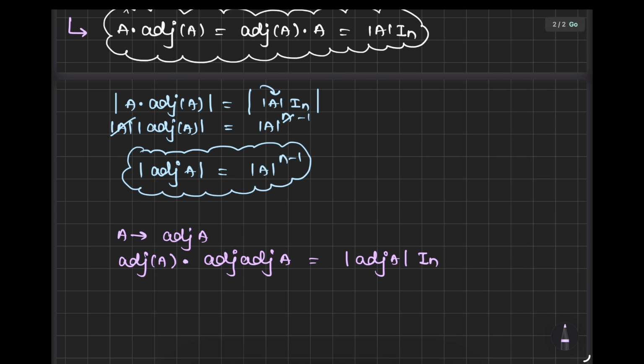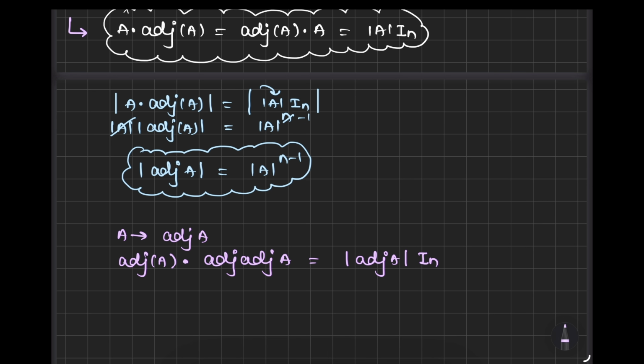Now you are aware that A times adjoint of A or adjoint of A times A is determinant of A I_n. And you also know that while multiplying matrices, priority matters. AB is different from BA.